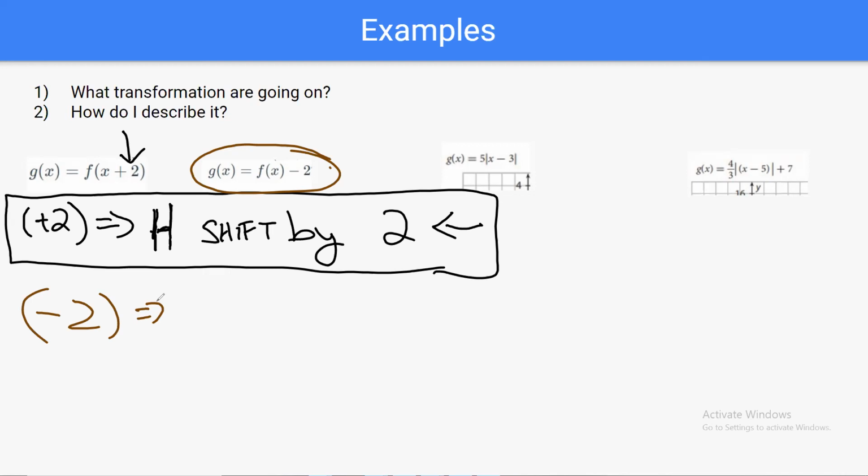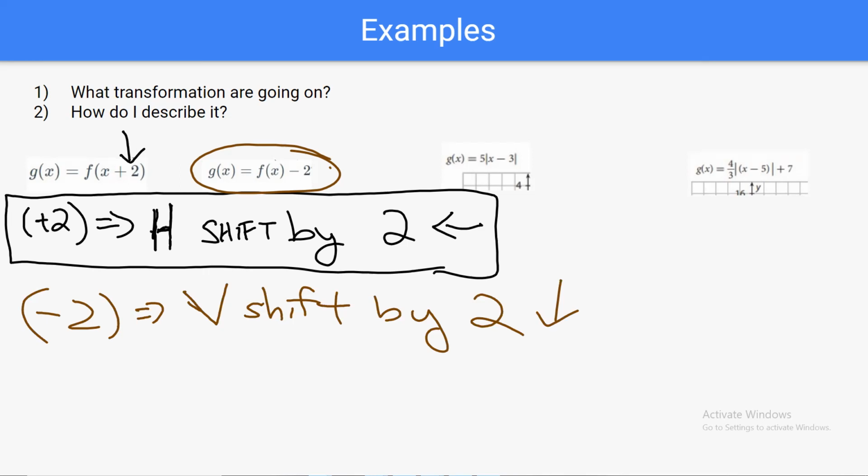If it's on the outside, it's a vertical something, right? We're adding or we're subtracting by 2. So it's a shift by 2 units to the what? Up, down, left, right. Down. Right? Okay?